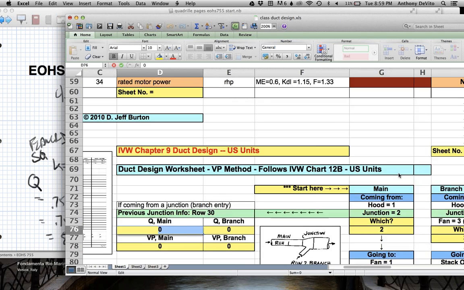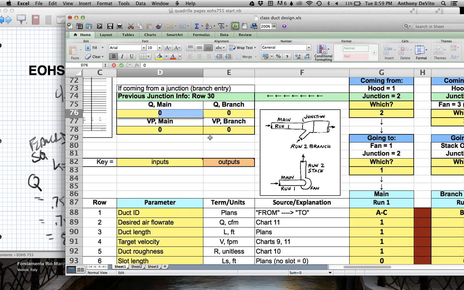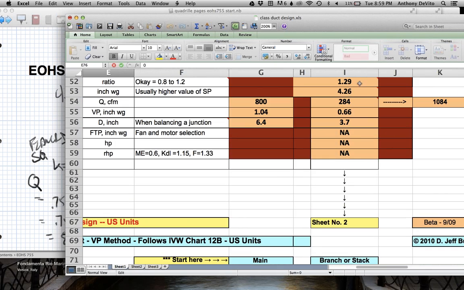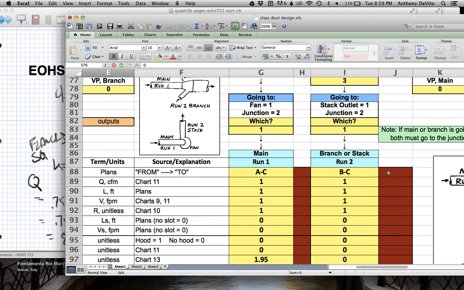Remember, we wanted it to be 800. It turns out that one came out just exactly there. So the corrected flow rate is 800 in the main duct. From the branch duct, what was it? It was 284, adding up to 1,084.